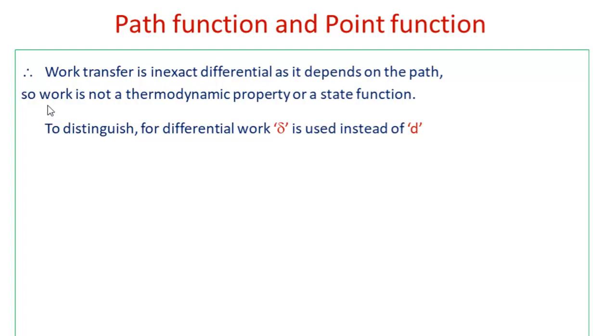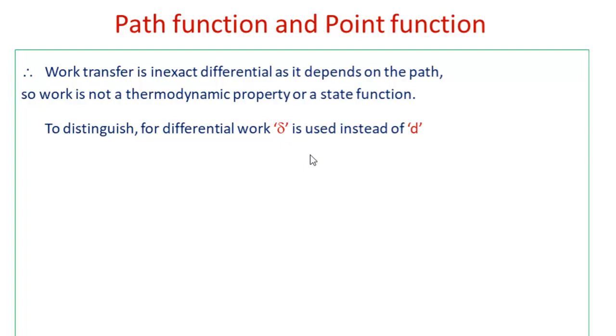So we cannot say that work is a thermodynamic property, or a state function, or a point function, right? Since we have two kinds of differentials, in order to differentiate them we use two notations, right? For a perfect or exact differential, we use the notation d, and for an inexact or imperfect differential, we use the notation delta.